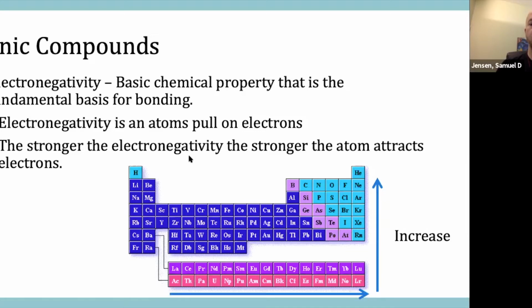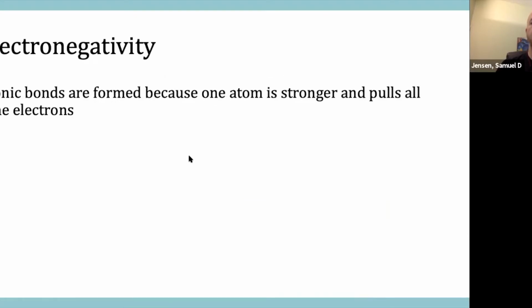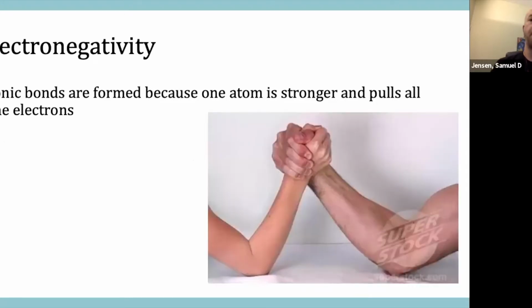Okay, so this difference in electronegativity is one of our main drivers for things like ionic bonding. They bond because one atom has pulled electrons off the other. That's where the positive charges came from. Sodium is not positive by itself.